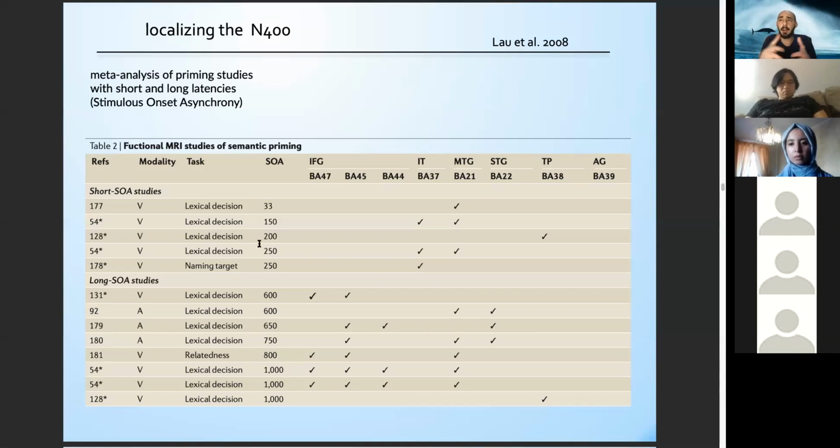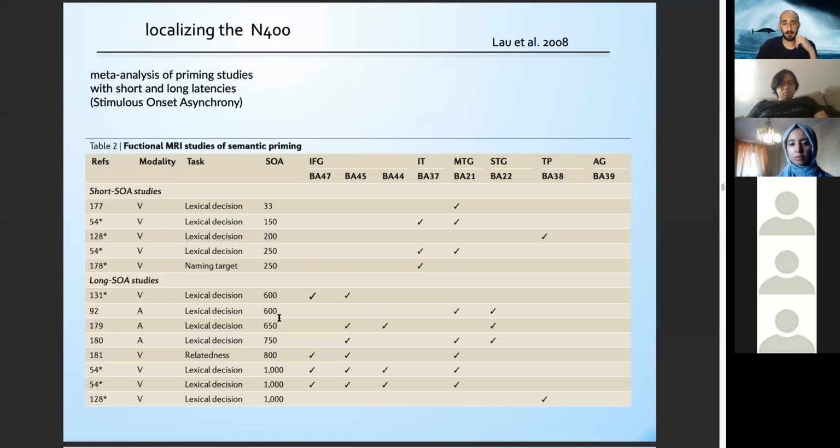So if you have very short SOA, you see the word and then you see immediately the picture, you predict that whatever effect you're going to find is due to some sort of automatic priming, right? Like an automatic activation that happens immediately.